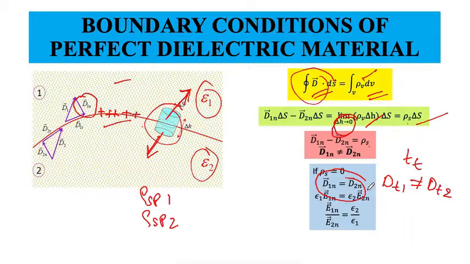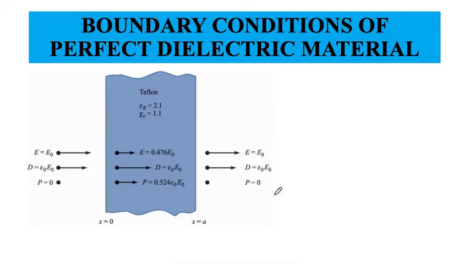So E norm 1, the normal electric field in medium 1, times epsilon naught epsilon r is equal to epsilon naught 2 E norm 2, which means the ratio of the normal electric fields in medium 1 and medium 2 must be equal to epsilon 2 by epsilon 1. So E normal 1 over E normal 2 is epsilon 2 by epsilon 1. Now I have all the relationships necessary to solve your previous problem.